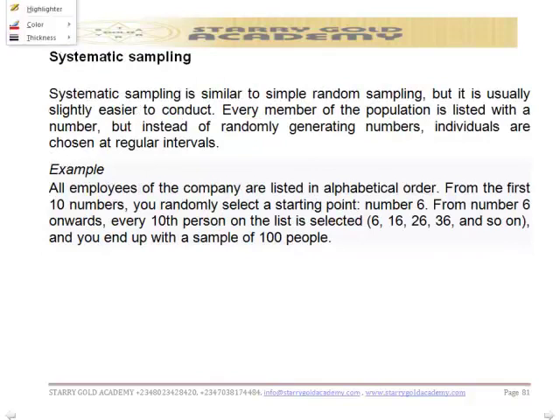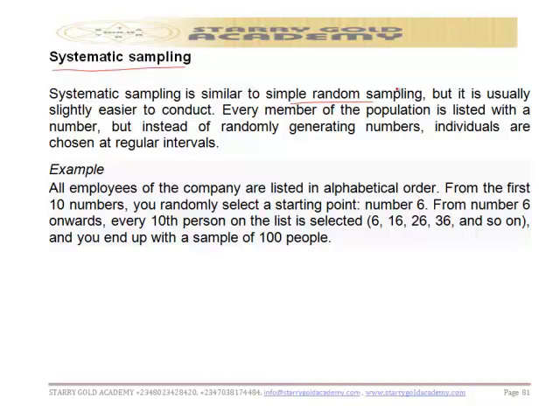Another one is the systematic sampling method. This is similar to simple random sampling, but it is usually slightly easier to conduct. Every member of the population is listed with a number, but instead of randomly generating the numbers, individuals are chosen at a regular interval.